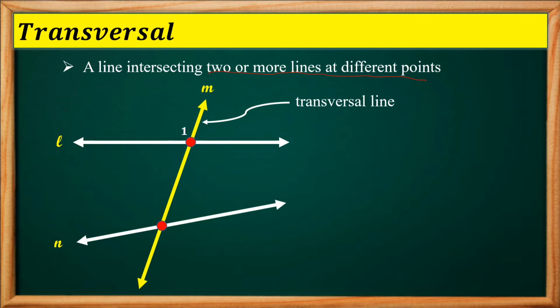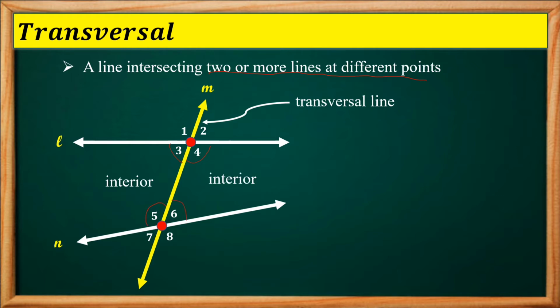Okay, now, because of this transversal line, we can create different angles. Let's have here angle 1, angle 2, angle 3, angle 4, angle 5, angle 6, angle 7, and angle 8. Okay, we have here 8 angles. Now, these angles are what we call the interior angles. Itong nasa loob, yan ay tinatawag nating interior angles.